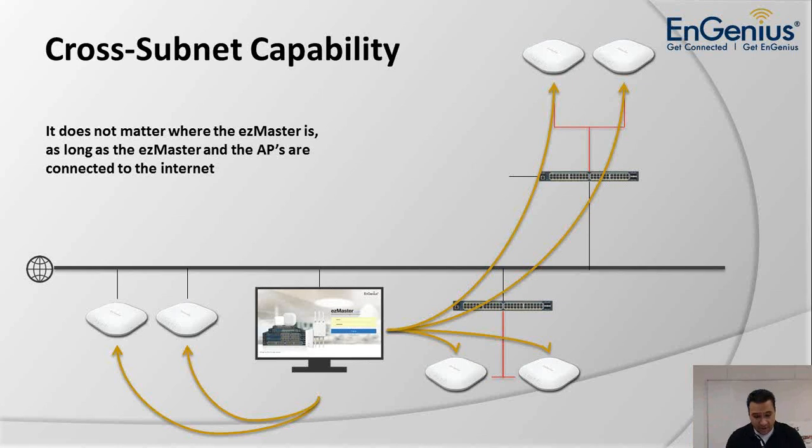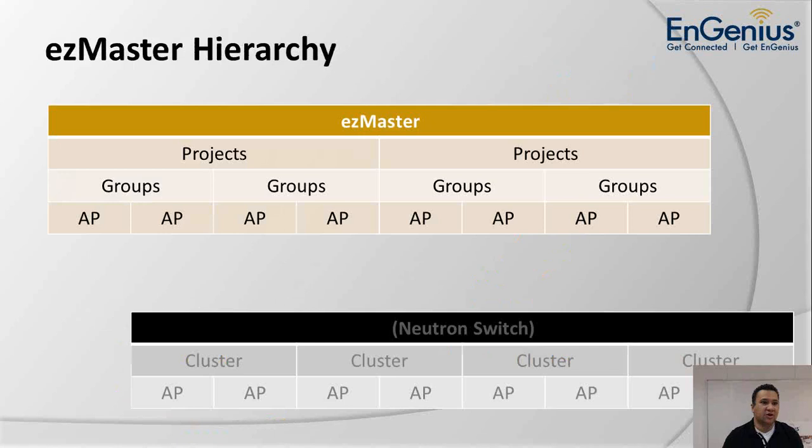Okay, so the last thing in the first column is the hierarchy. With the Neutron Switch, you can organize, as you see here, a local network in clusters. So inside the Neutron Switch, you can make different clusters where you can add access points inside the cluster to manage them per cluster.